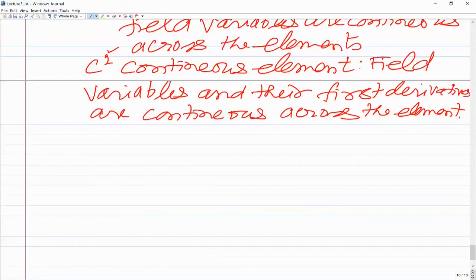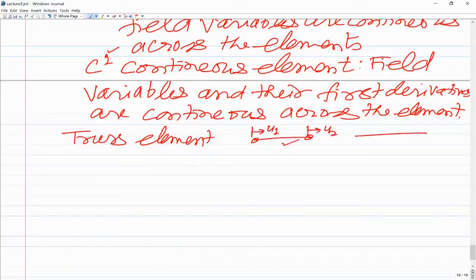For example, if you look at the truss element, you will have a two noded truss element. It's a 1D element. You will have 1 degree of freedom at each node, that is the value of the displacement U along the length. We will be enforcing the continuity of this U when we have the assembly of elements. This is a single element.